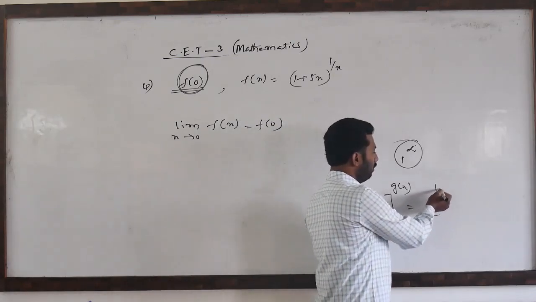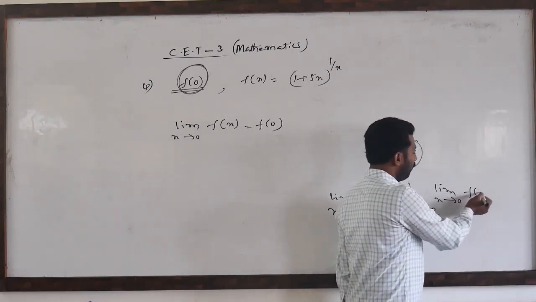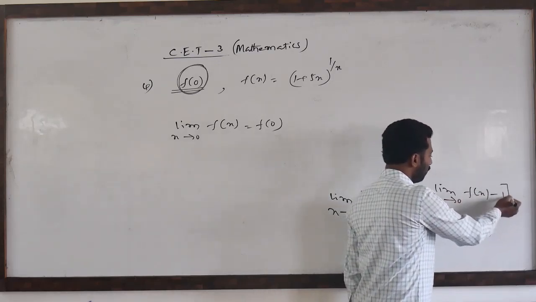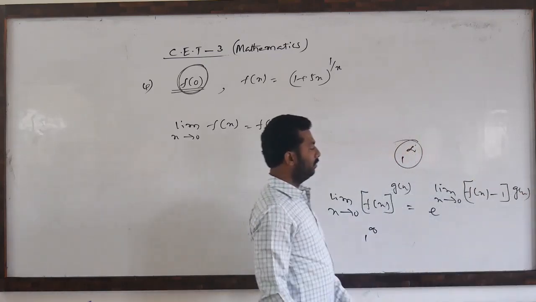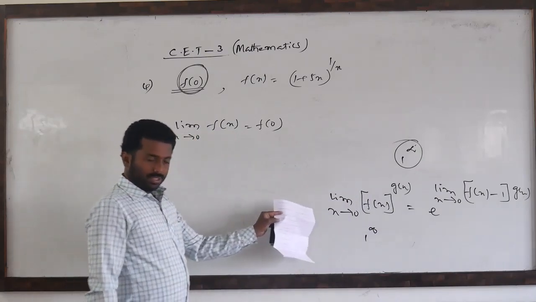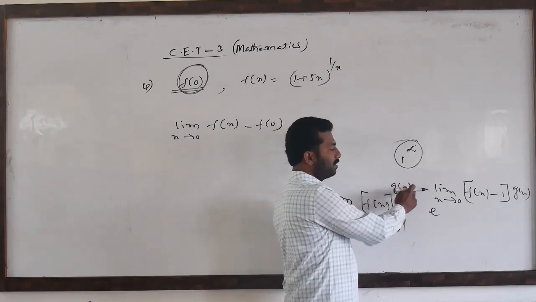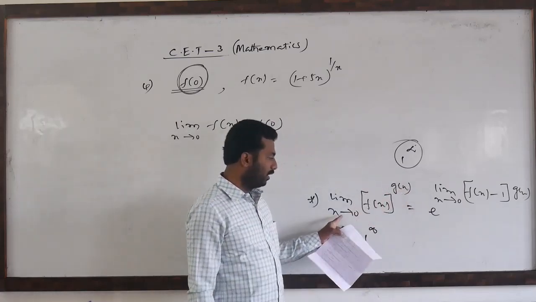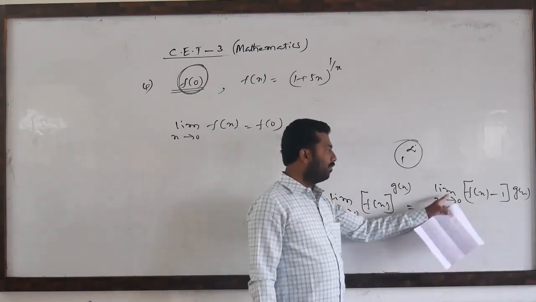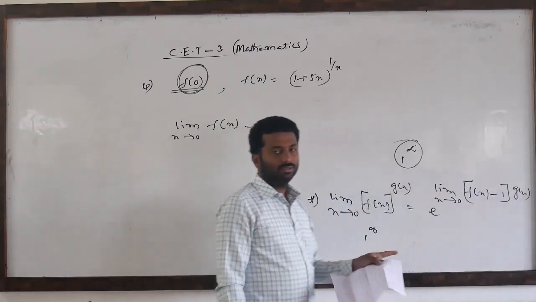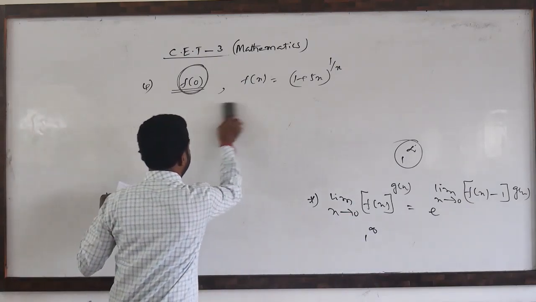E to the power limit x tends to 0 of base minus 1 into g of x. Like that we have to write. This is the most important formula you should remember: f of x power g of x, if you get 1 power infinity, then e to the power base minus 1 into power. We have to answer like that. Next.